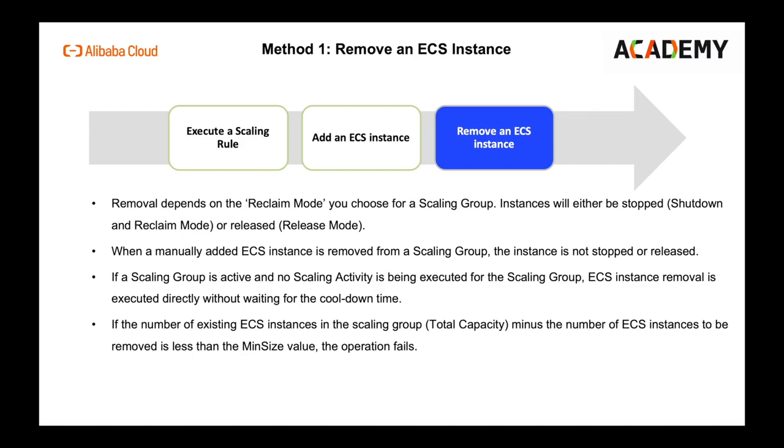If the number of existing ECS instances in the scaling group minus the number of ECS instances to be removed is less than the min size value, then of course the operation will fail. Similar to what happens when you try to add an instance and it will take the group above the maximum size. Let's try executing some add and remove rules in our scaling group and see what happens.